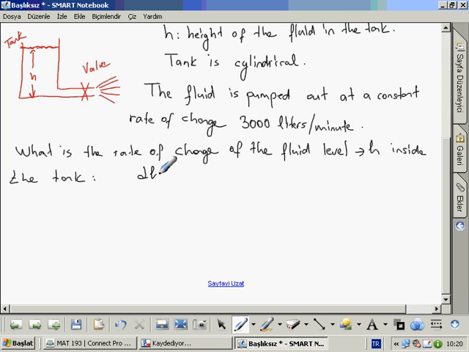That means dh over dt. And let me continue.